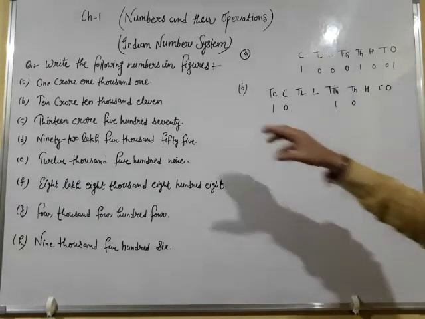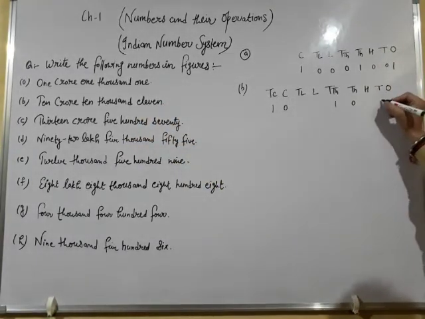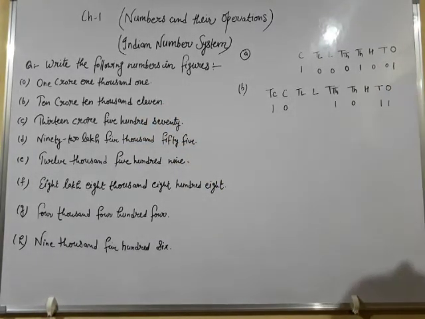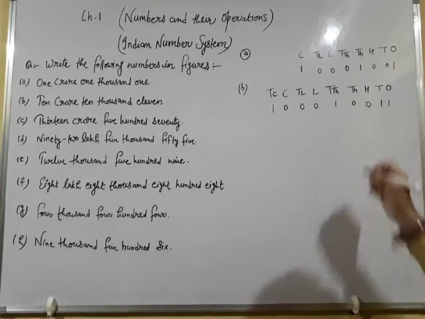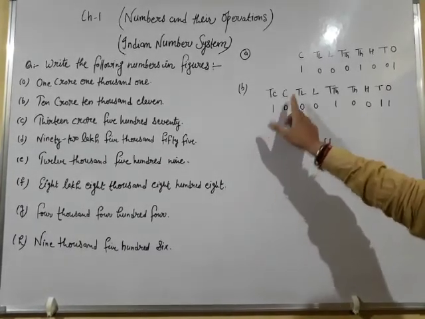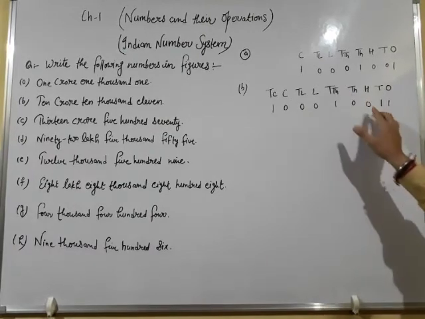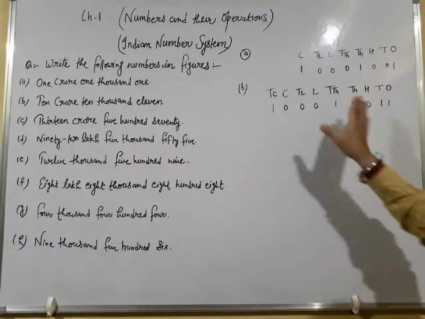Now move on. 10,000, 11. You have to write 11. Now we will put 0 in the remaining blank places. So this number represents your 10 crores, 10,000, 11. This is the solution of your B part.